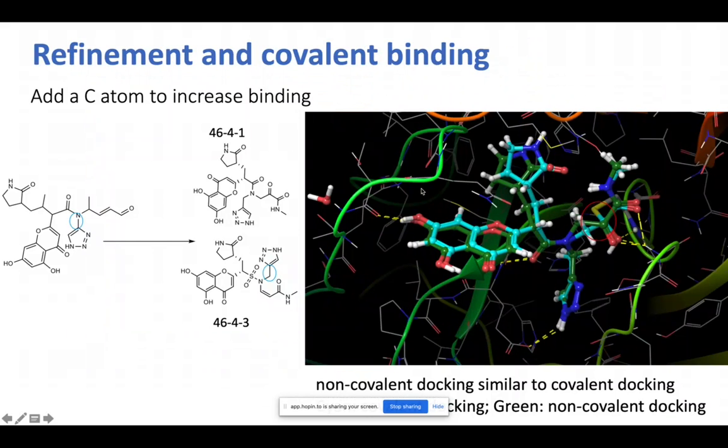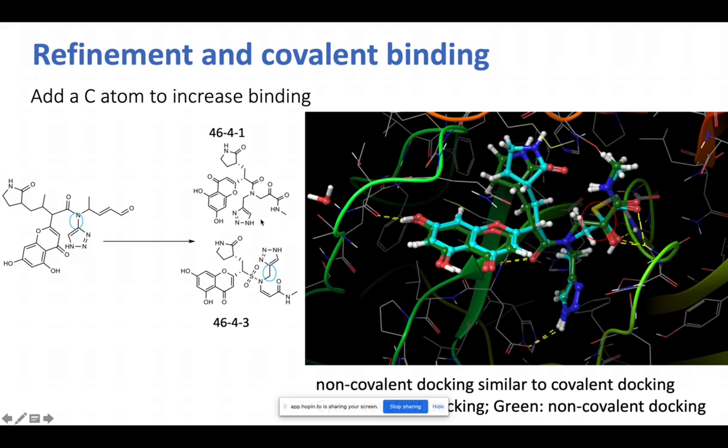So in order to do that, we actually make the docking structure, and then we simulate the binding. And then after this simulated bond interaction, we optimize to see whether the conformation remains the same. If it's similar or almost the same, that means it's readily available to form this chemical reaction. Of course, we sometimes need to do some adjustment in order to achieve that.